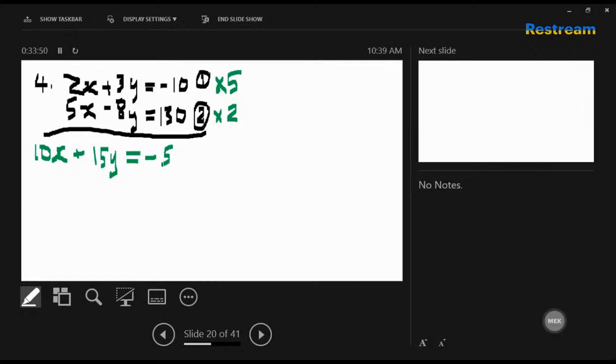So that's going to be equation 3. And if I'm multiplying all of these by 2, I'm going to have 10x minus 16y equals 260. And that's equation 4.